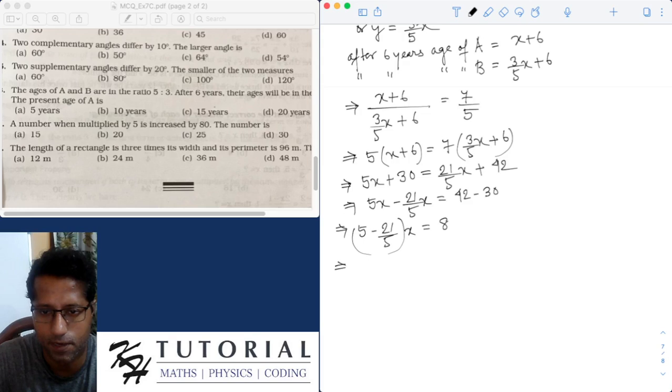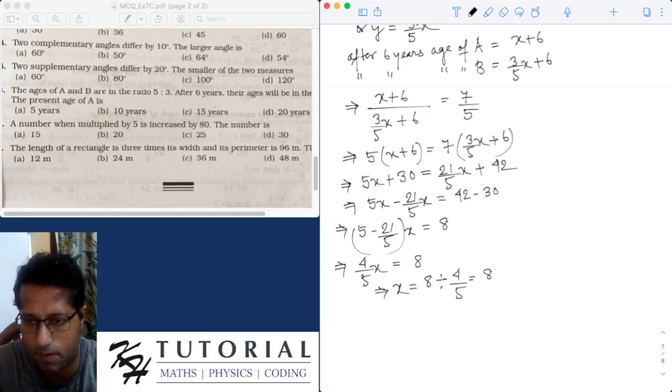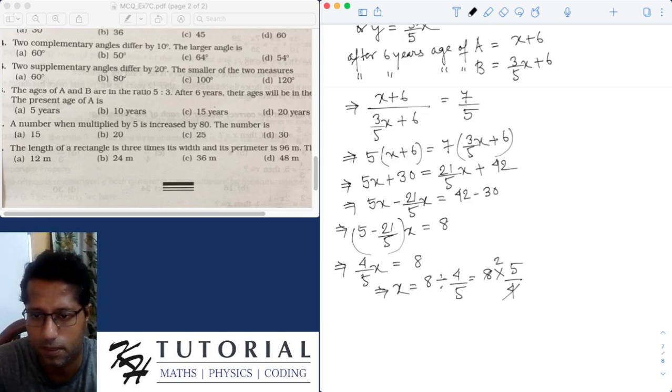Now 5 minus 21 by 5 is 25 minus 21 by 5, that is 4 by 5. So 4 by 5 x equals 8. This implies x equals 8 divided by 4 by 5, which is 8 multiplied by the reciprocal of 4 by 5, that is 5 by 4, and this becomes 10.